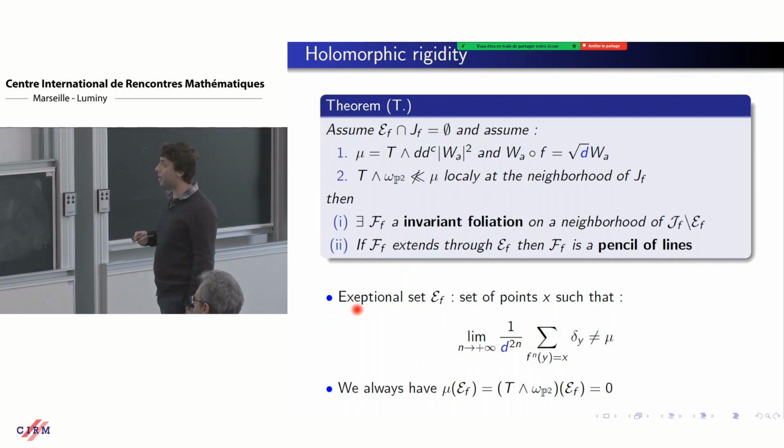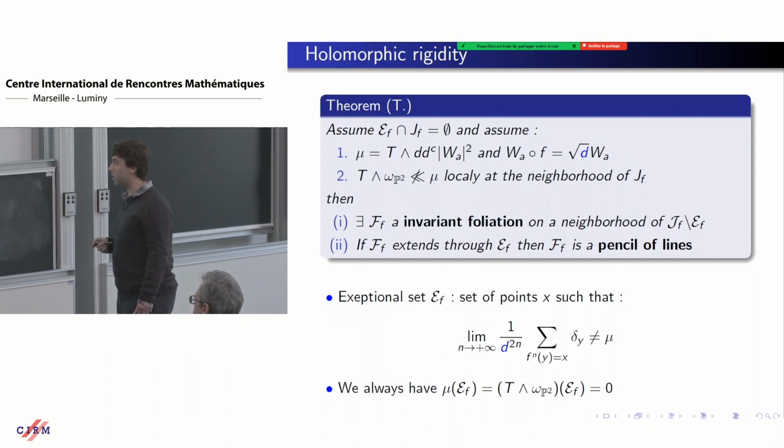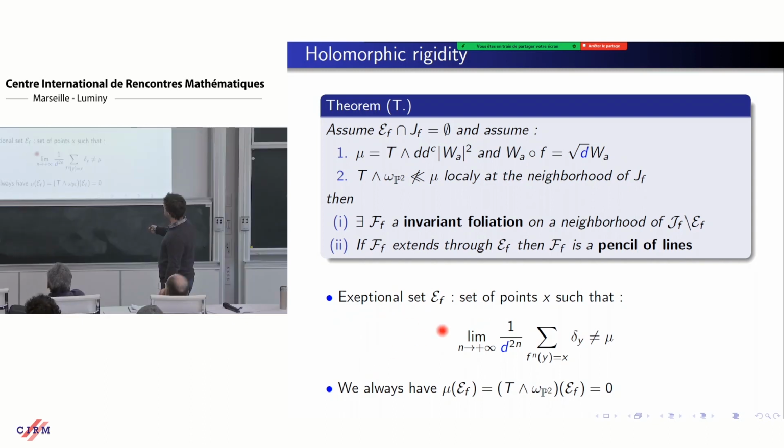This is, in fact, the largest totally invariant algebraic set of F. And you can also define it as follows: it is the set of points X in P2 such that the pre-images of the iterates of F do not equidistribute to the measure mu. And as I told you, it is an algebraic set, so you can show that it has zero measure.